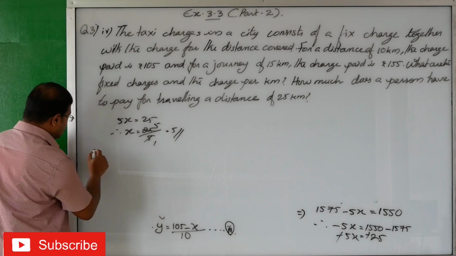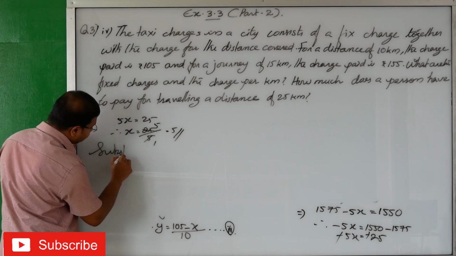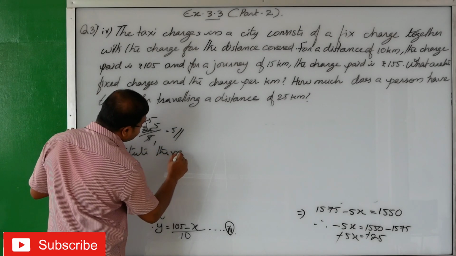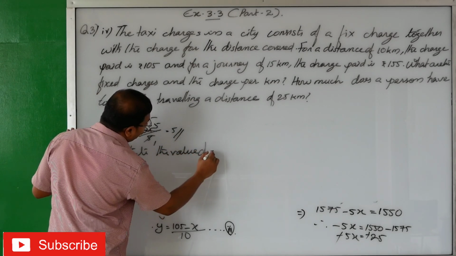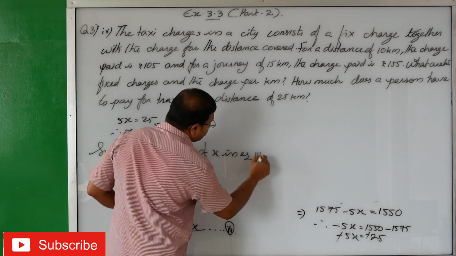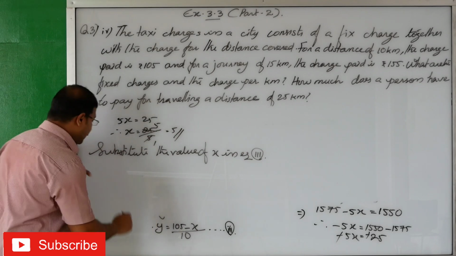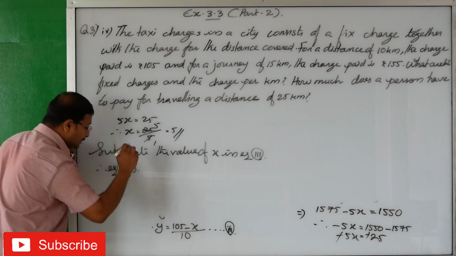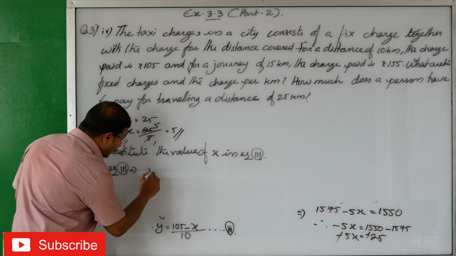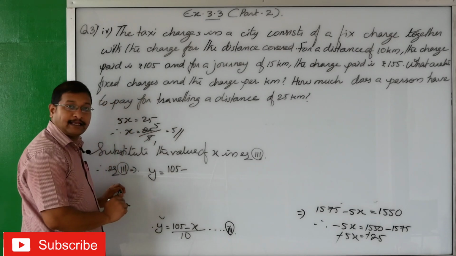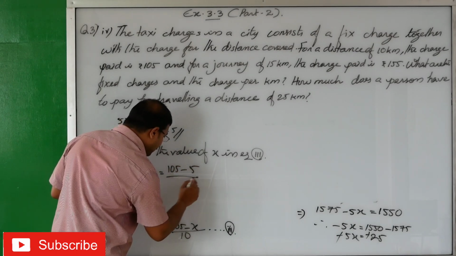Now what will we do? Substitute the value of x in equation 3. Therefore, equation 3 implies, what is the third equation? Y equals 105 minus x by 10. X means 5, divided by 10.